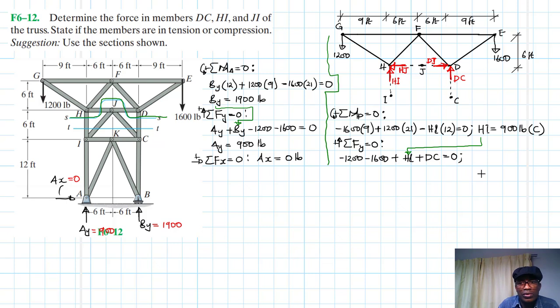And once we do so, then we'll find that our DC is just going to be equal to minus 1200 minus 1600 plus 900. This gives us 1900 pounds, and is also in compression.